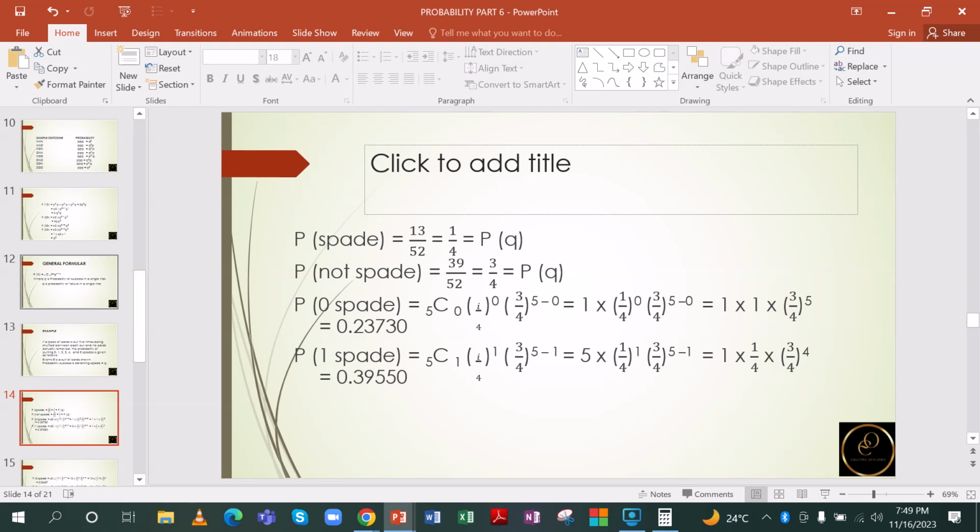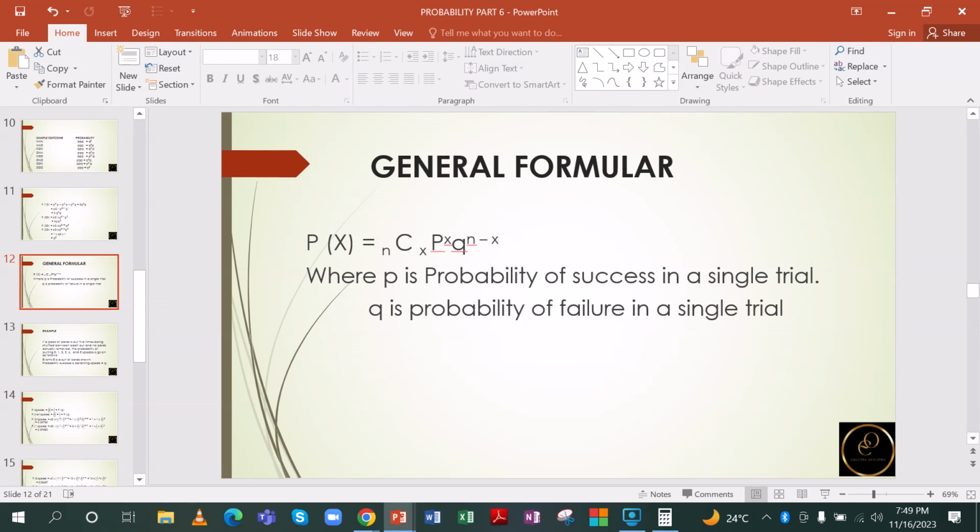Look at the general formula: the probability of success takes the R, and the probability of failure takes N minus R. So that's what we are following.